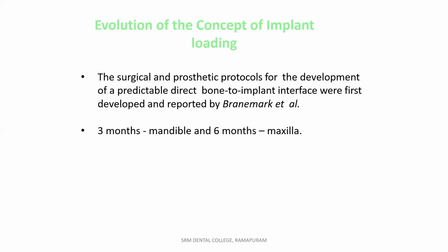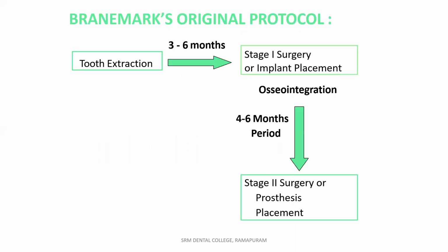So we have seen the occlusal schemes so far, and herewith we can see the loading protocols. The evolution of the concept of implant loading, the surgical and prosthetic protocols were first developed and reported by Brånemark et al. According to him, a 3-month osseointegration period for the mandible and 6 months for the maxilla is advised.